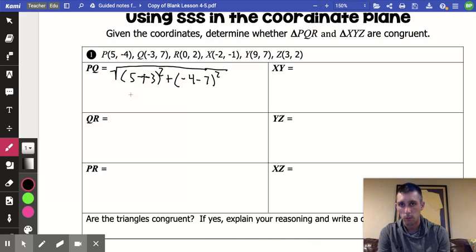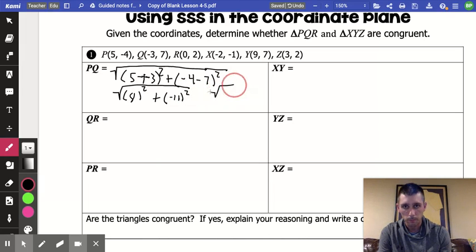So 5 plus 3 is 8 squared. So square root of 8 squared plus negative 11 squared. 8 squared is 64 plus negative 11 squared, 121. Add those together. Square root of 185. All right. So that's PQ.